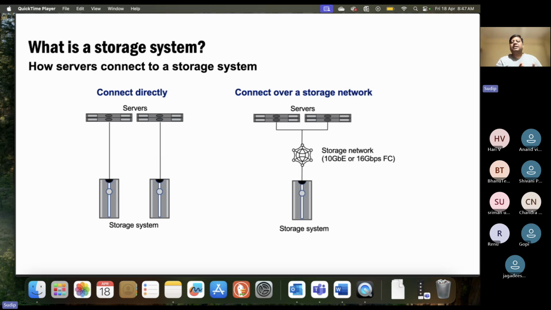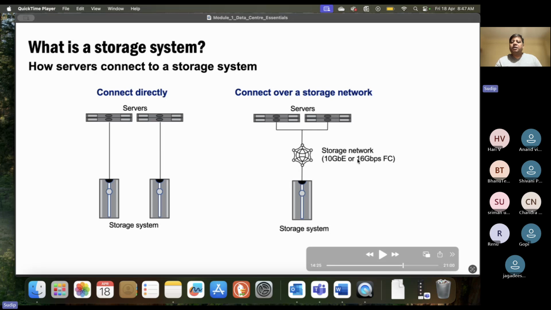Okay, so that's NAS. Any storage that is attached to a LAN or a network and is serving multiple servers or computers in the network for data storage purposes is called a NAS, network attached storage. We'll get into details of it, don't worry. I'm just introducing the terminologies to you right now.